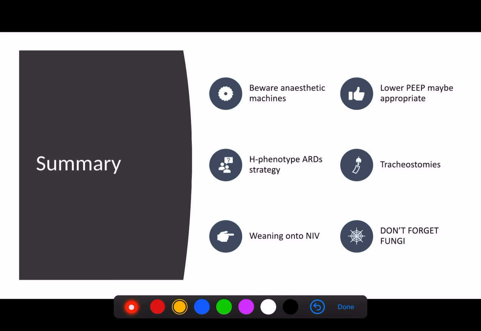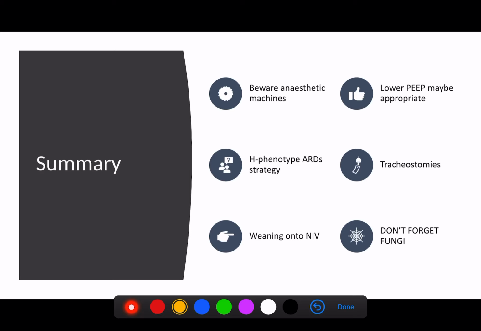For H phenotype of COVID, it's probably worth using an ARDS-type strategy, and I think for both L and H phenotypes, using driving pressures less than 15 centimetres of water and using an appropriate PEEP level with peak or plateau pressures less than 30 is important.